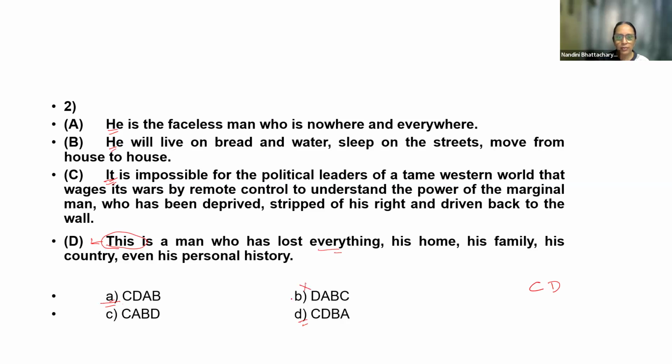So we have eliminated B and C. Now between A and D, in this B comes first, which definitely is not your answer. Yeah. So B follows from D. So A is your answer. Shyam, did you get the logic? Yes, ma'am. Okay.